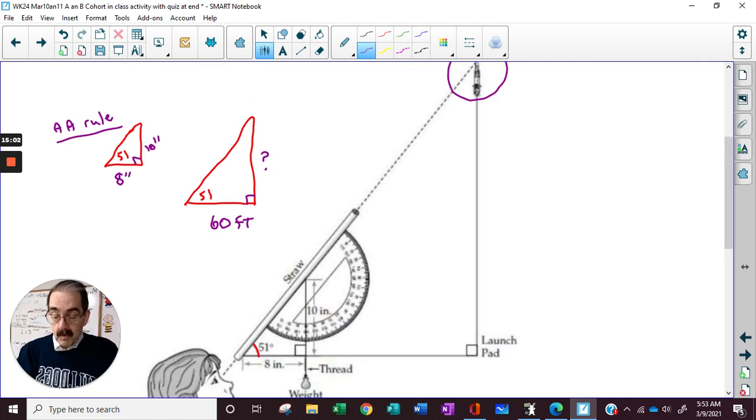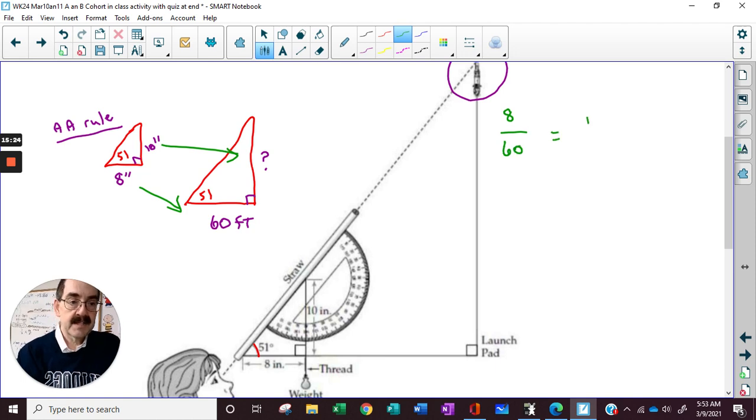Note, not drawn to scale. This is real world. We don't know how far the sun is. We've never been there. But you can actually do these type of activities to calculate things. So now what I'd like you to do is see that 8 goes to 60 as 10 goes to X. Now some of you might be saying, can we mix units?